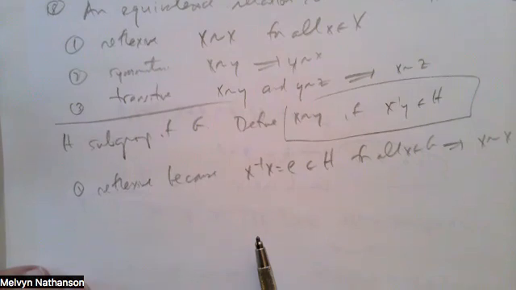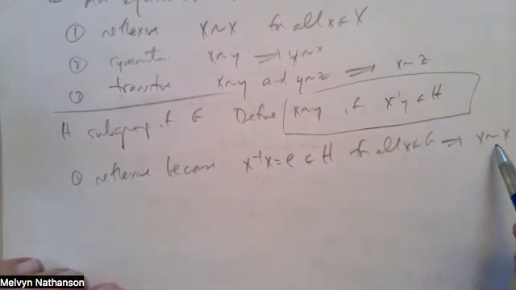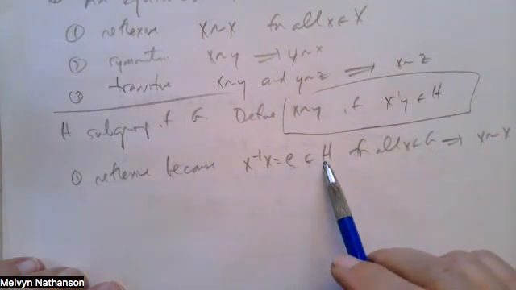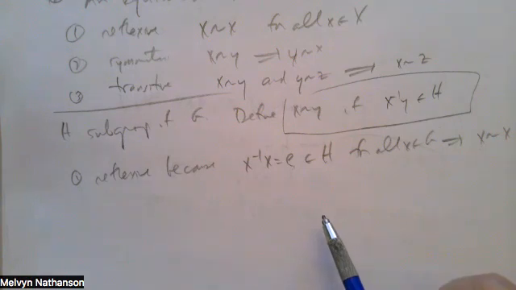Everything is related to itself. This is true because x inverse x is the identity, and every subgroup contains the identity.